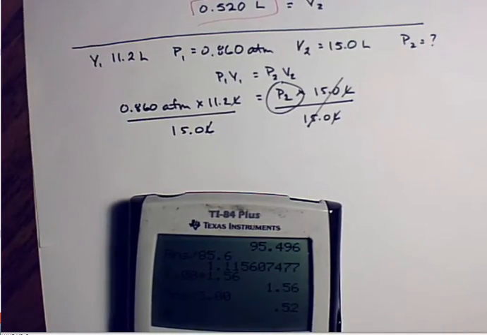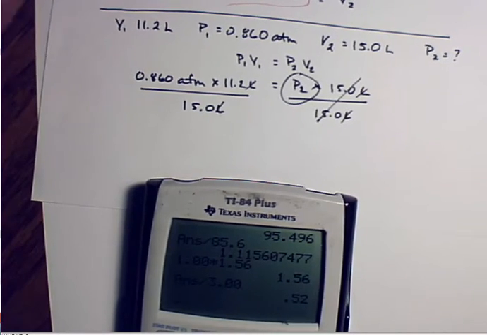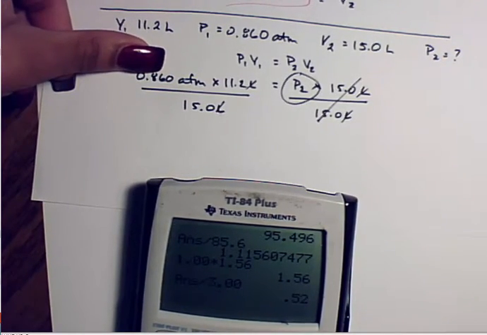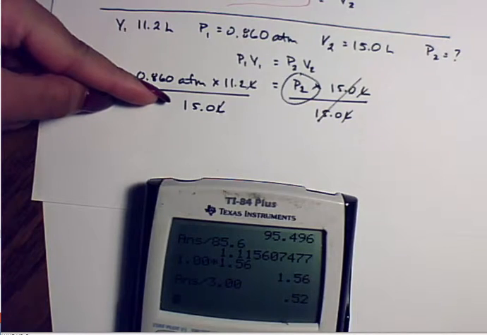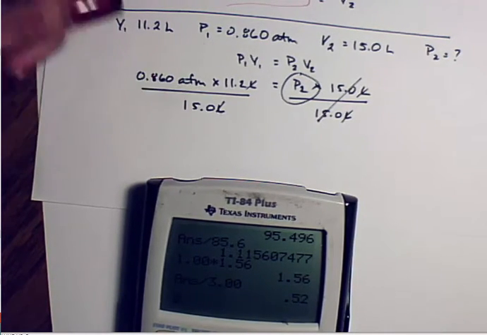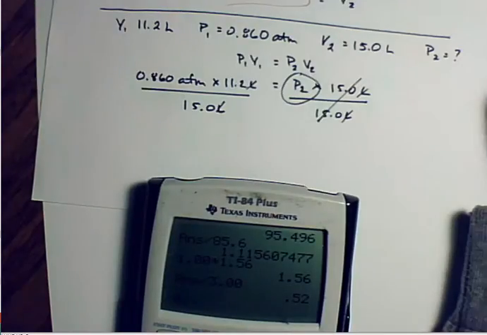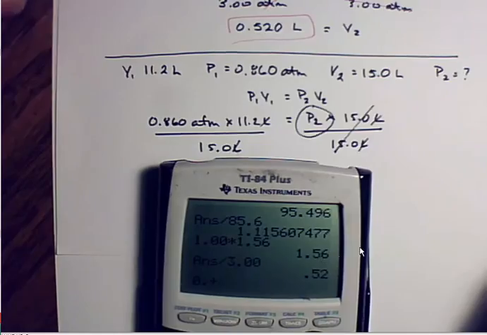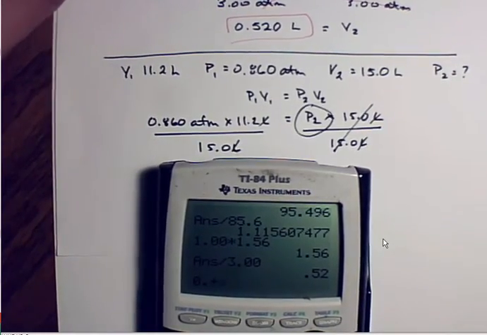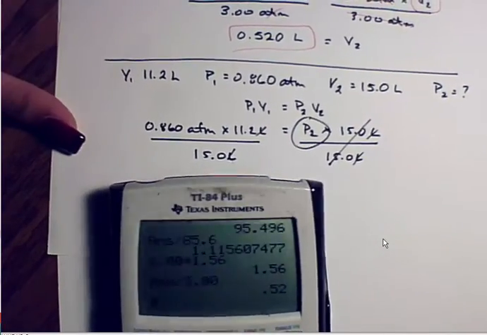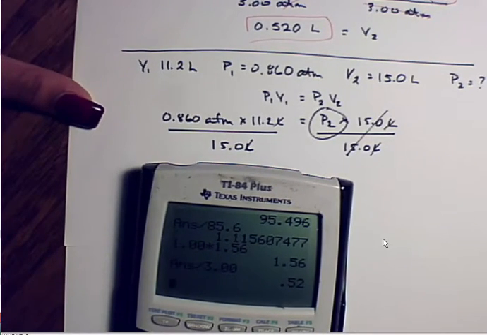So we're gonna take this atmosphere and multiply it by the volume. Let me pause. Let's multiply the top and divide it by the bottom. And the top is 0.860, and we're going to multiply by 11.2.